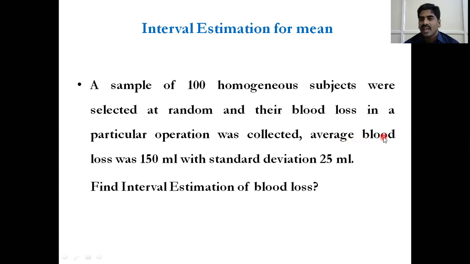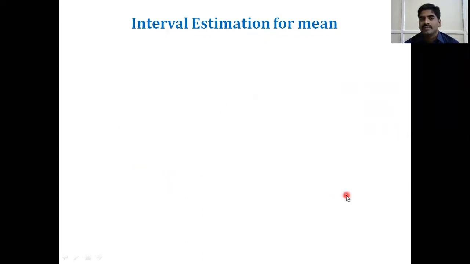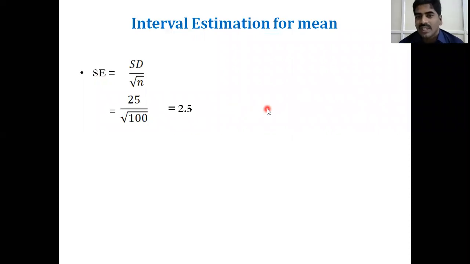Sample mean means average blood loss 150 ml. Then calculate 25 by root 100. The value is equal to 2.5. This is the calculation for standard error of mean, because the data is quantitative. Blood loss measured in ml.